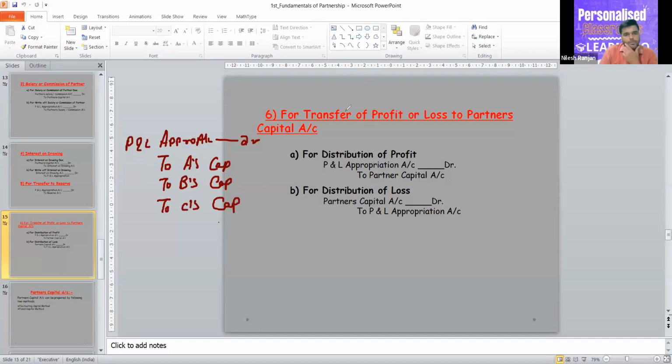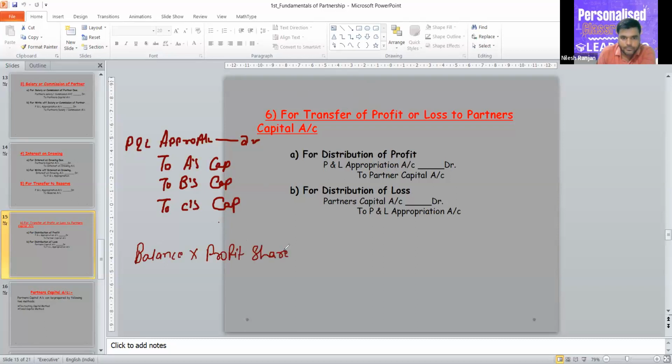This means the profit is being distributed between A, B, and C. And how will we distribute the profit? When we calculate the balance, the balance amount is multiplied by the profit share of each partner.